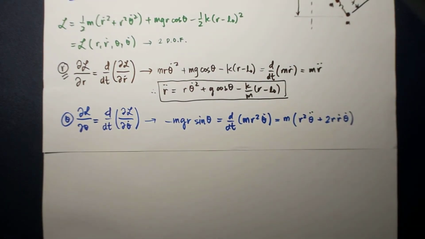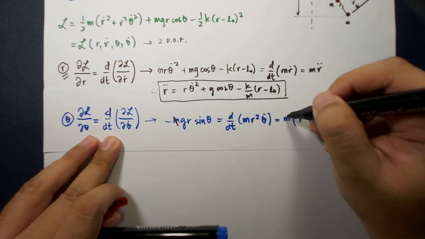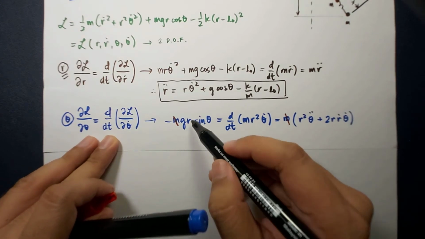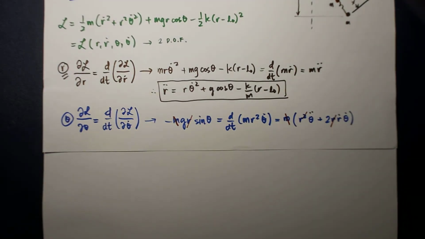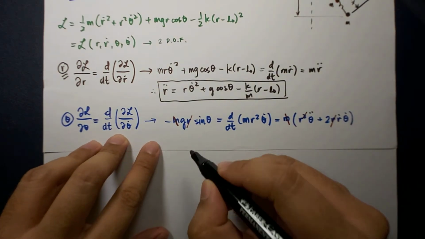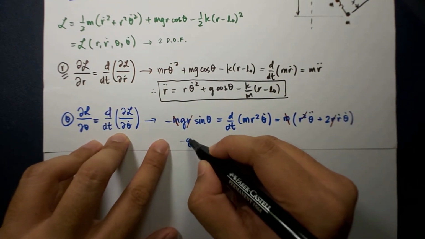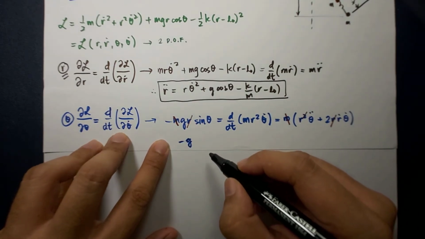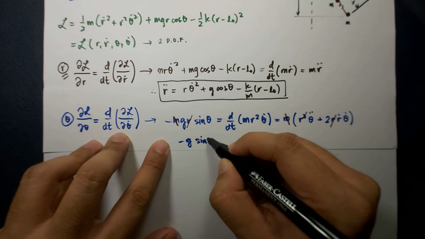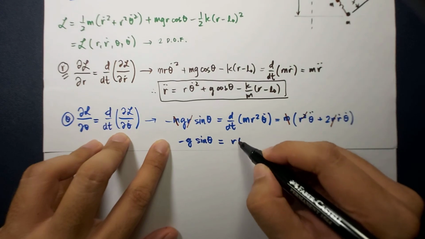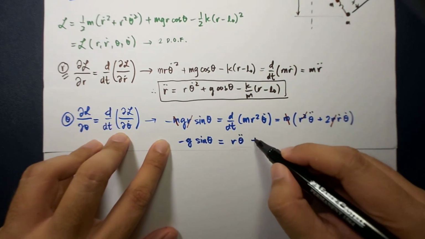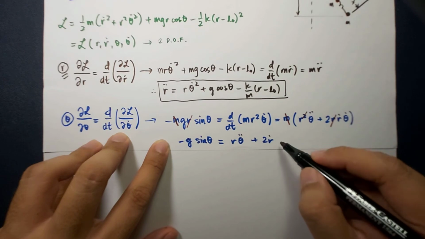Okay, so from here there are two common factors. Number one, m, so m is cancelled with m here, and then there's a common r here, here, and here. So therefore we can now rewrite this as negative g sine theta equals r theta double dot plus 2 r dot theta dot.